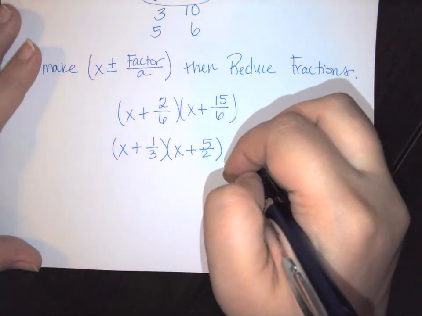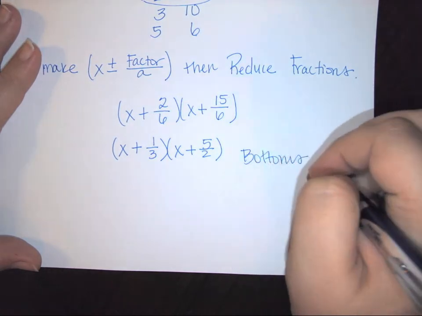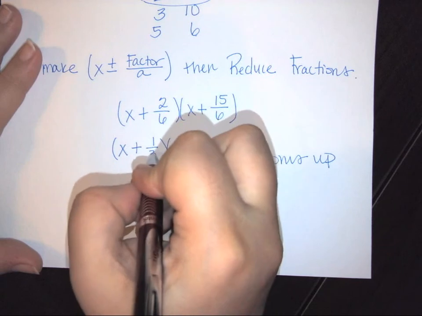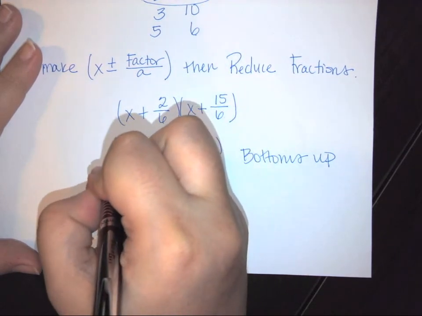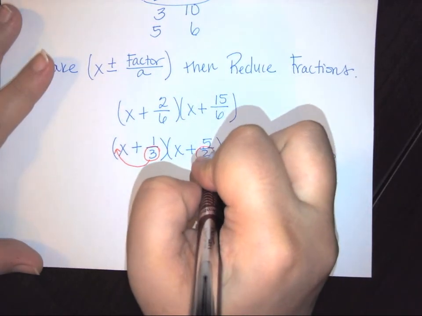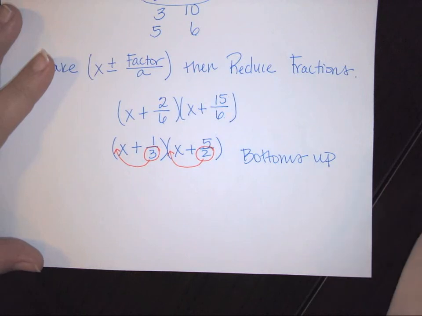Then you are going to bottoms up. And the bottoms up step says whatever is left in the bottom has to become the coefficient to your variable. So again, whatever was left in the bottom becomes the coefficient to the variable.